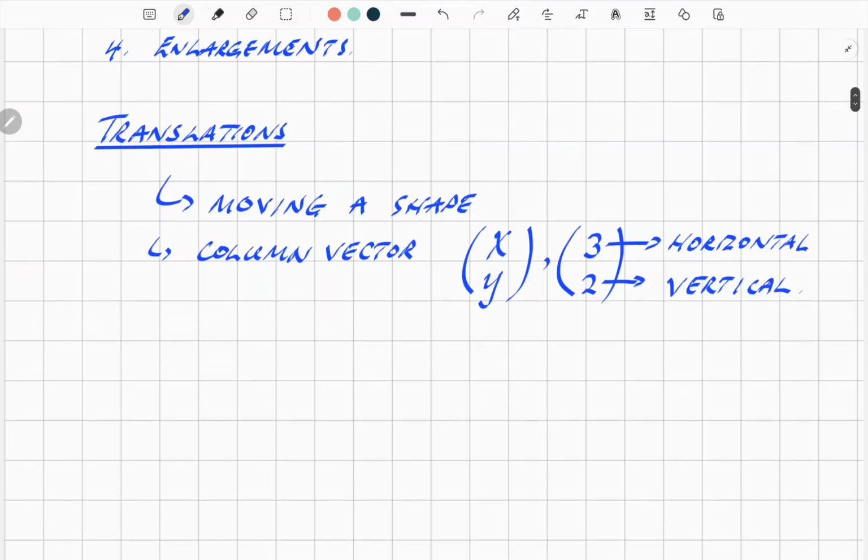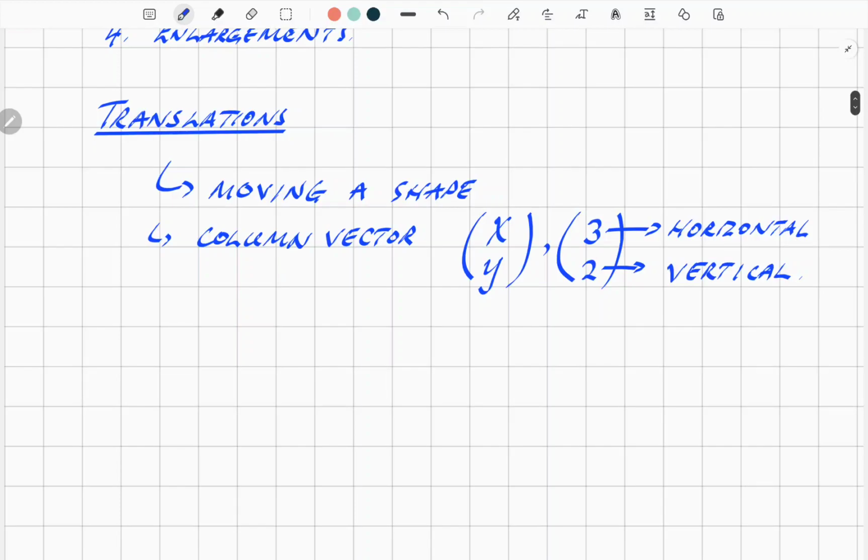All right. So if we take just one or two examples, the 3, 2 that I was just talking about, that one means 3 to the right and 2 up. All right. Right and up are the positive directions on the x and y axes.